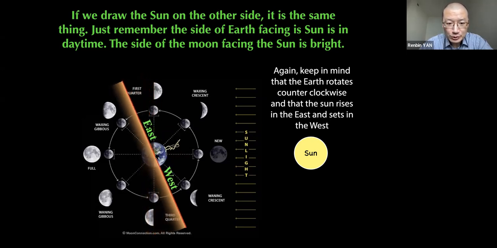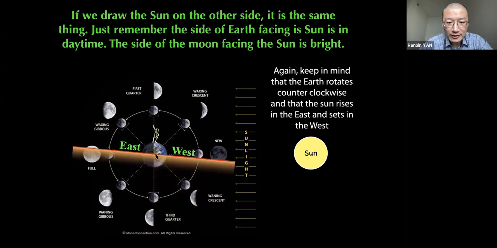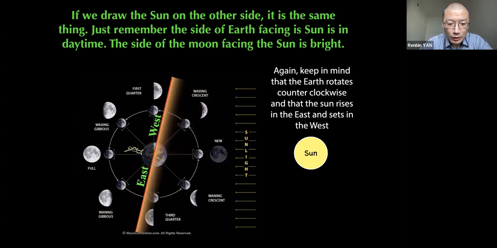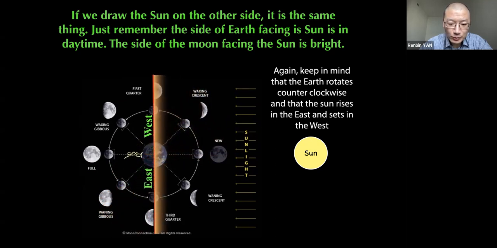So now we can try to figure out when do we see the third quarter moon rising, right? So third quarter moon is over here. When is it rising? This time is when the third quarter moon is rising, because when the horizon rotates into this angle, the third quarter moon is going from below horizon to above horizon. This is the time when it rises from below to above.